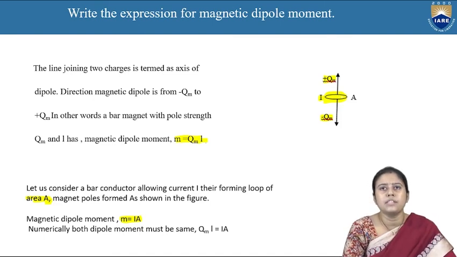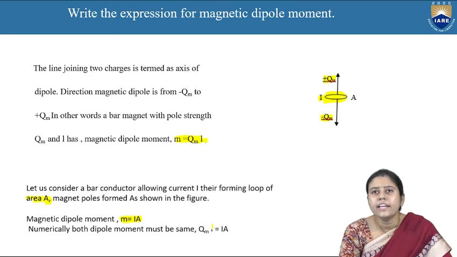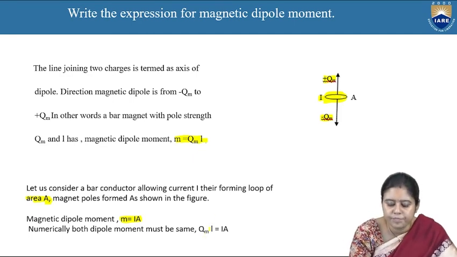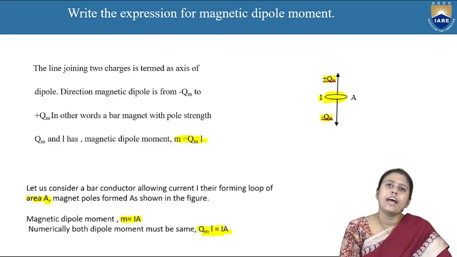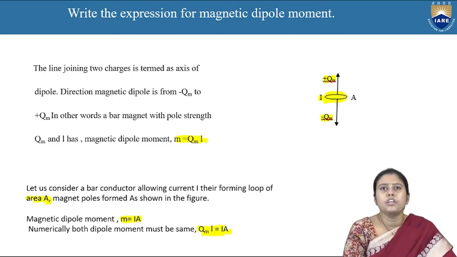So we can write QM into L is equal to I into A. This is the relation between the electric dipole and magnetic dipole: QM into L is equal to I into A.